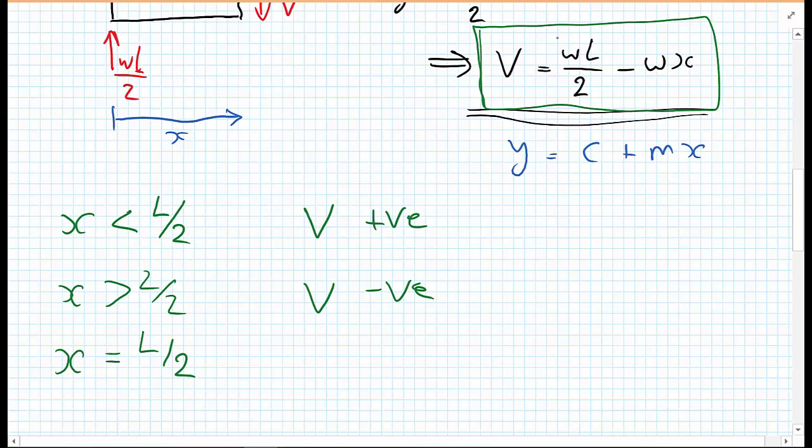We have WL upon 2 minus WL upon 2, so V is equal to 0 at this point. The shear force is 0. We're going to use this data to draw our shear force diagram.